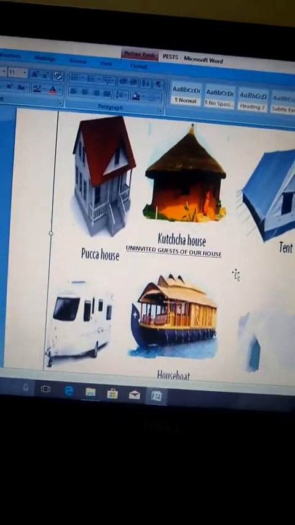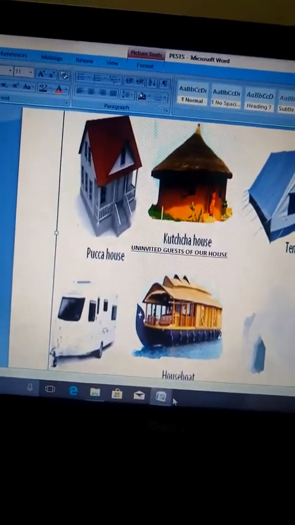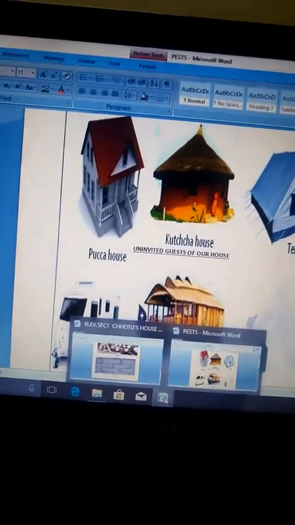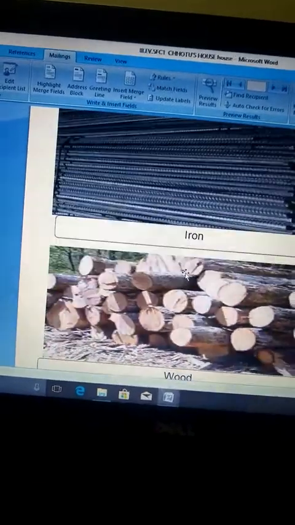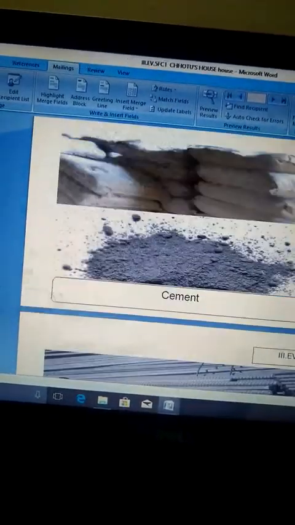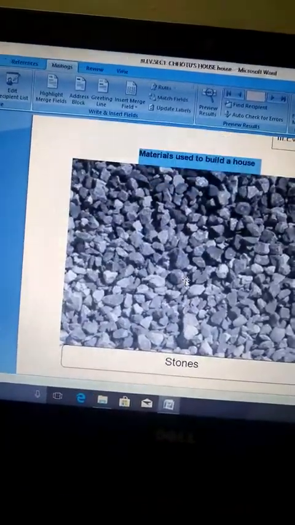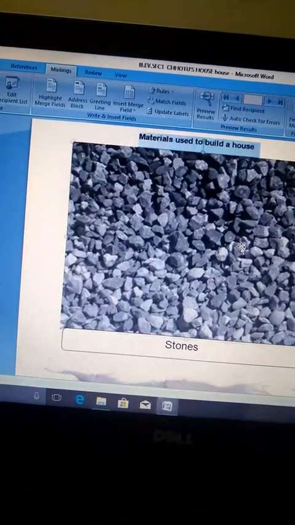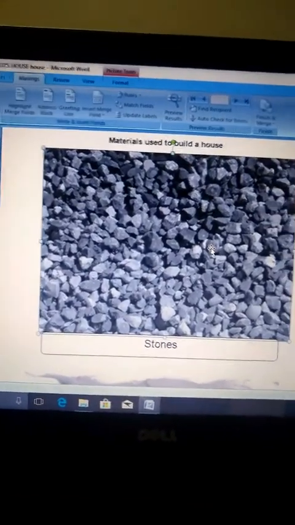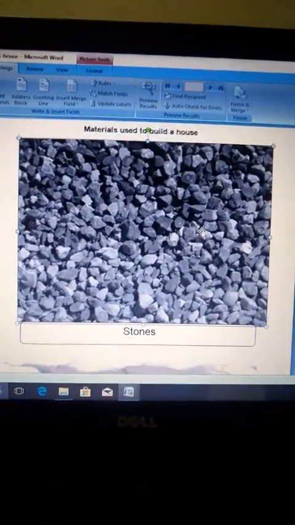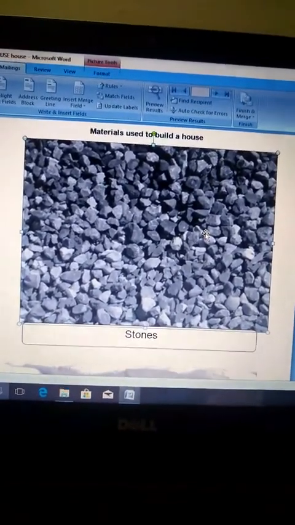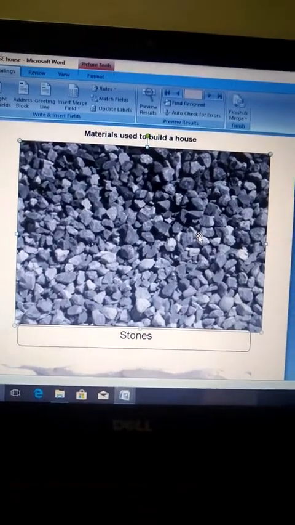Now I will show you the materials used in making a Pakka house. Materials used to build a house. These are stones, used to make a house.